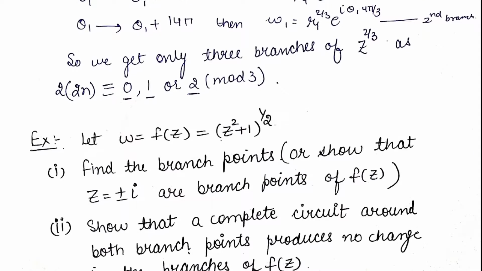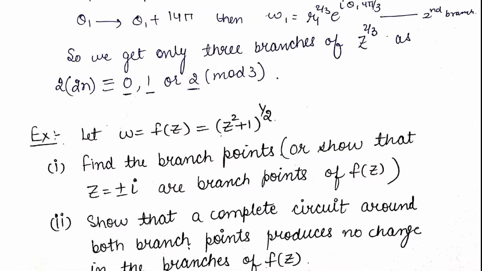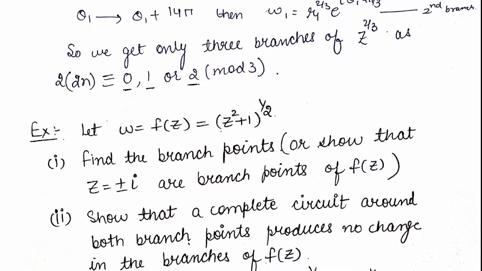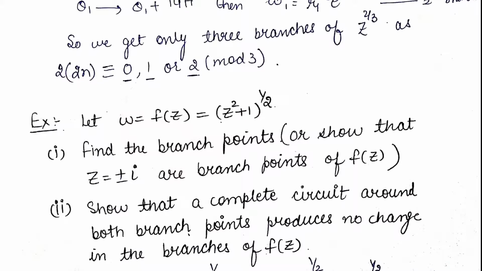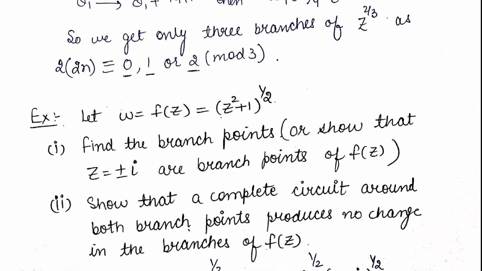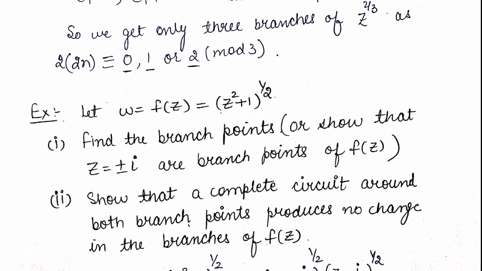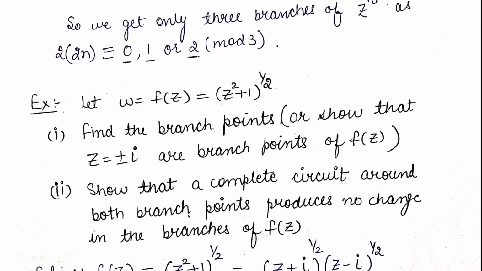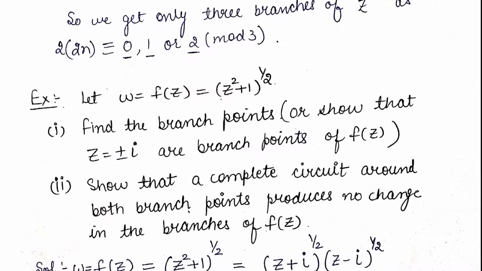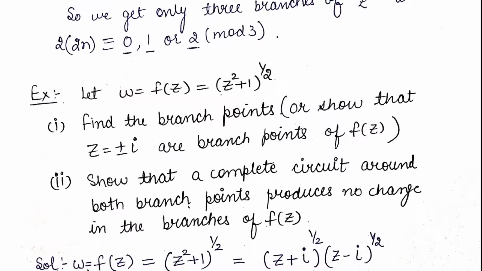And the second problem is to show that a complete circuit around both branch points produces no change in the branches of f(z). So, first, to solve my first problem, I have to prove that z is equal to plus minus iota are branch points of the function f(z).